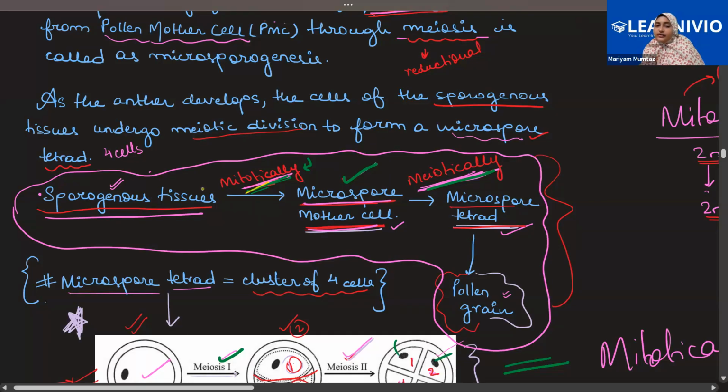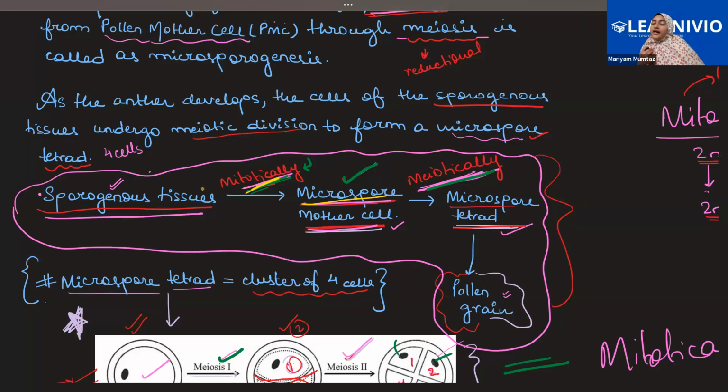The sporogenous tissue first divides by mitosis, which is equational division, and forms the microspore mother cell. Then the microspore mother cell undergoes meiosis. They divide meiotically and form the microspore tetrad. And then from the microspore tetrad, the pollen grains are formed.